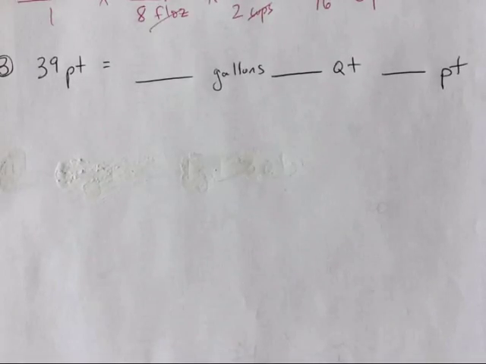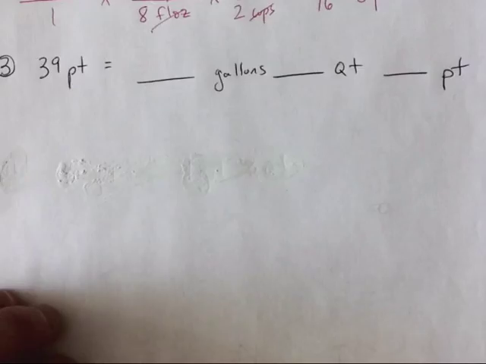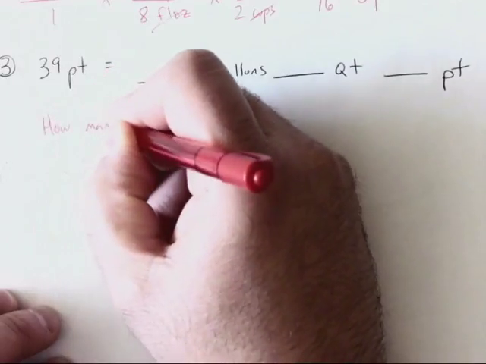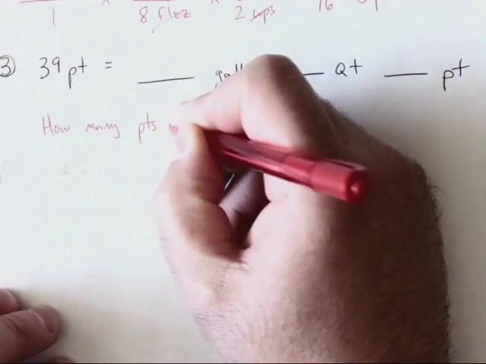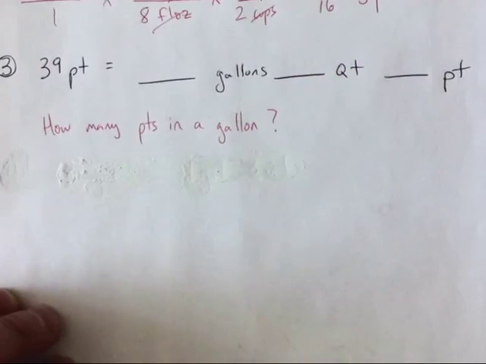So we can do some long division here. We want to figure out how many pints there are in a gallon. Okay, so we know that there are 4 quarts in 1 gallon.